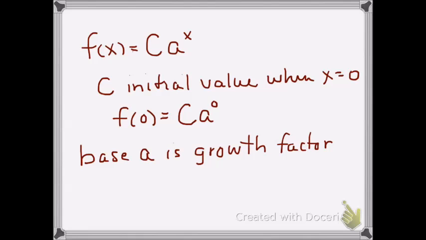Here's a little bit more general form for an exponential function. We have f of x equal to c times a to the x. C is a kind of coefficient of a to the x. And we say c then is the initial value of the function, because when x is equal to 0, you see that f of 0 is equal to c times a to the 0.